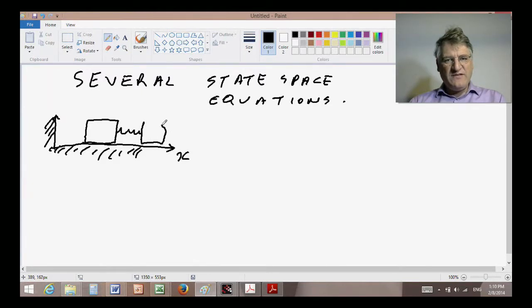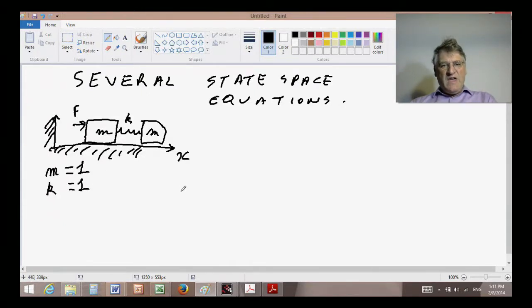We just have two masses connected by a spring of stiffness K, of masses M, and which are pushed by a force F. The two masses M and the stiffness are equal to 1. And the coordinates of these systems are the choice of two things.